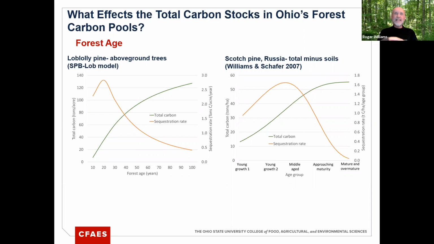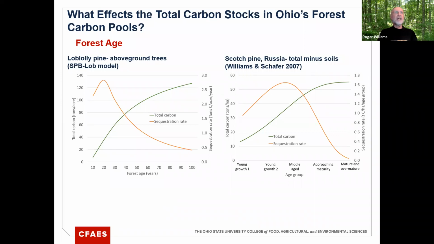Now, at what age that is, that certainly is going to vary by species. It's going to vary by the quality of the site, but it's all going to occur at relatively young ages.